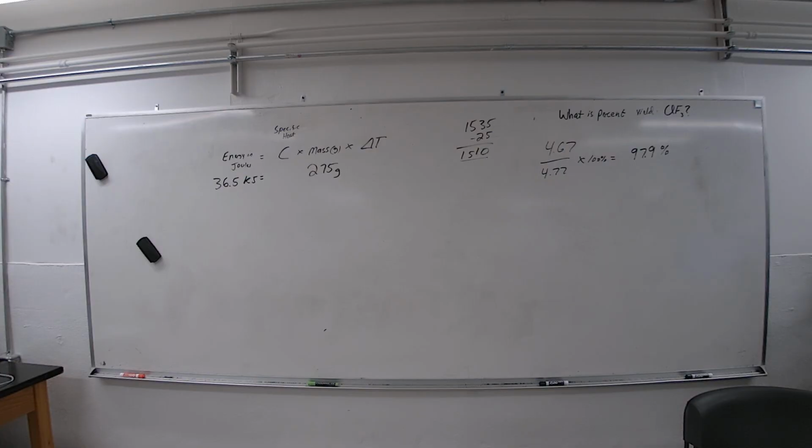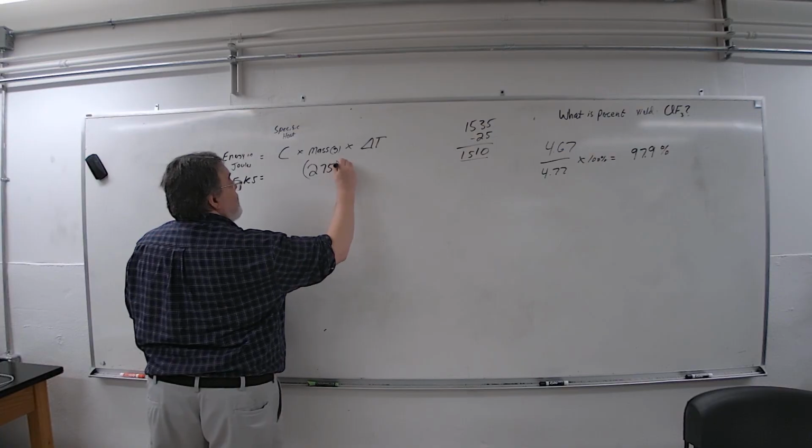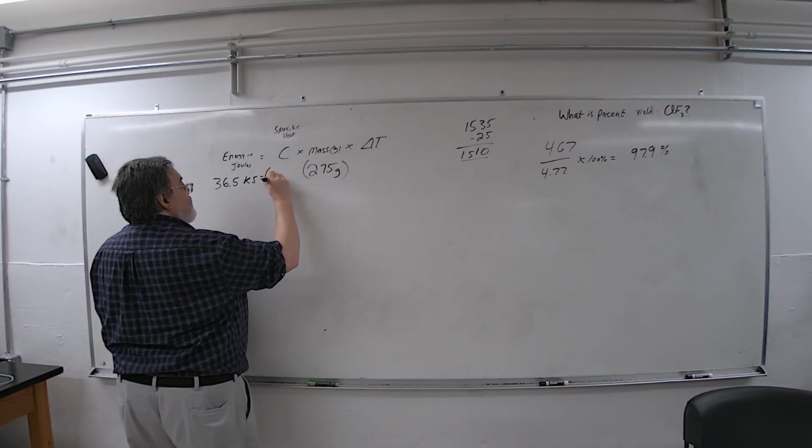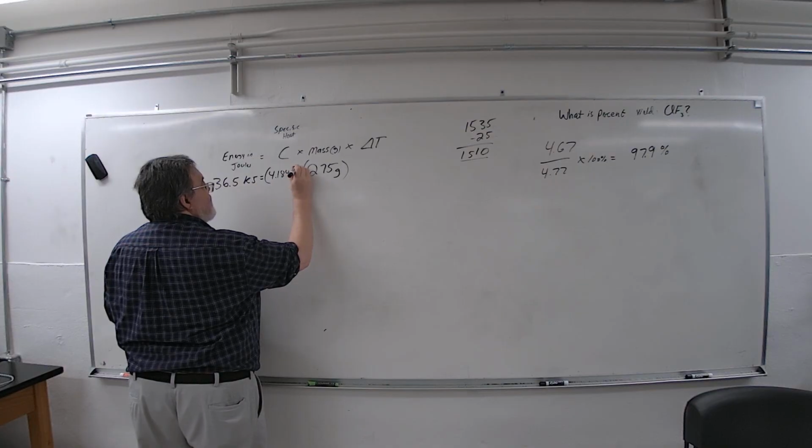So you don't need to memorize those values. So the problem gives you 275 grams. For water, it's 4.184 joules per gram degree C.